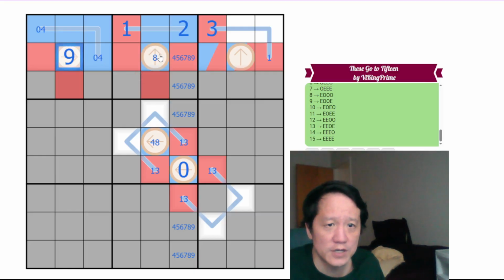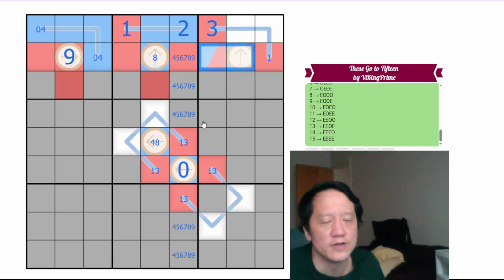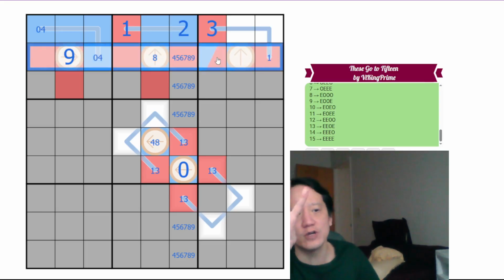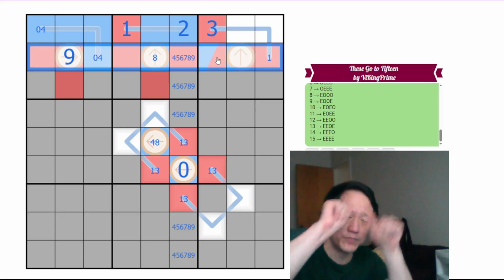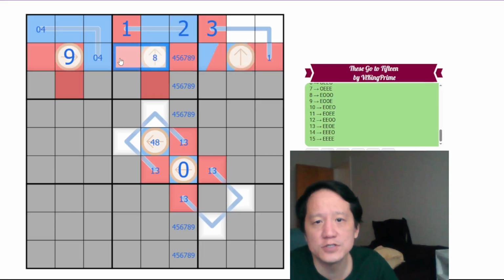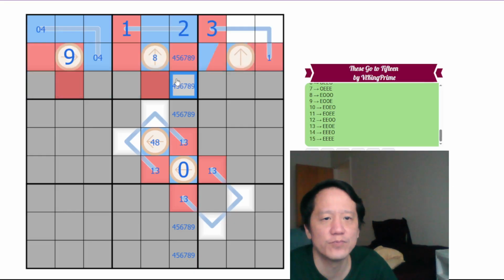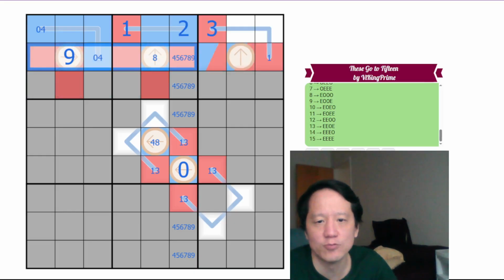So if this was non-Schrodinger, we have 8, 9. Then we have 1, 2, 3 evens, which you can't ever have. You can only have 4 evens or 6 evens in a row. This would basically say we have 3 evens in this row. So that's why that can't work. So this has to be Schrodinger.